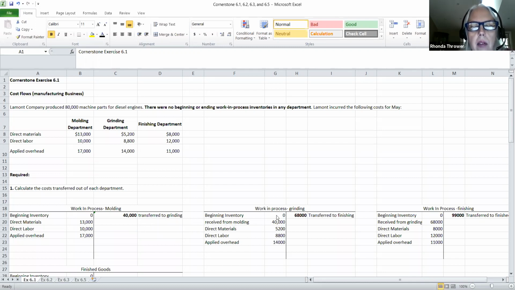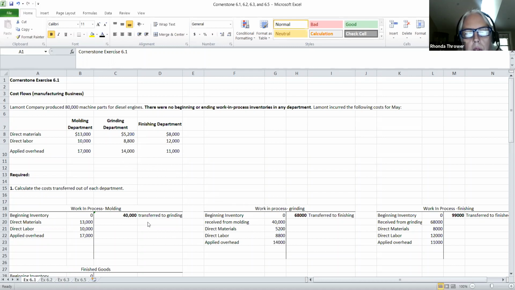Again, the beginning inventory for the grinding department was 0, but we have received some from molding where we're ready to grind on it. And in the department, we also had some materials for the grinding process, some labor, and some estimated factory overhead for the grinding department.